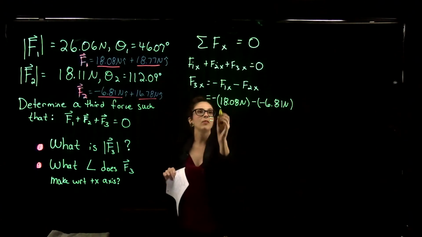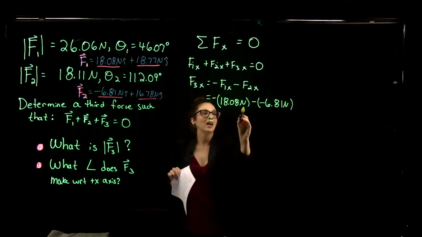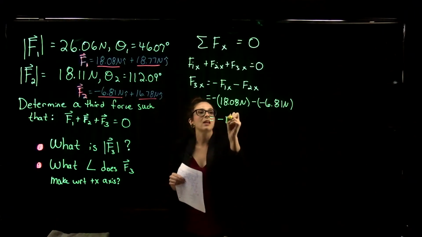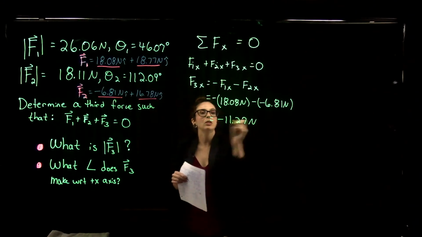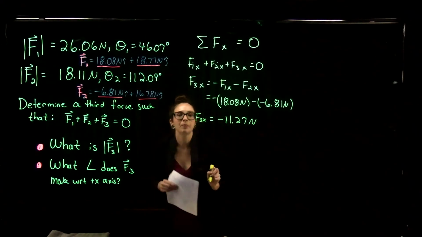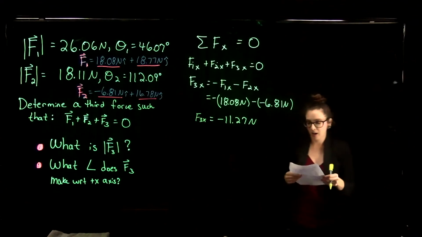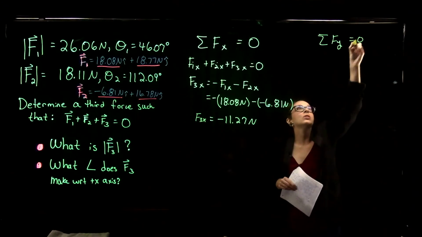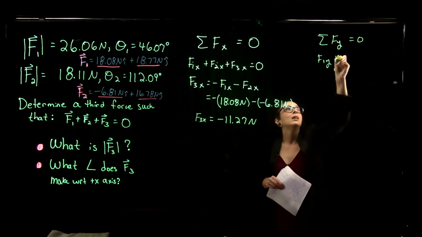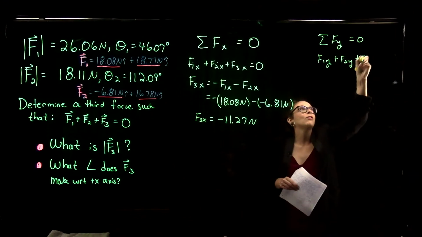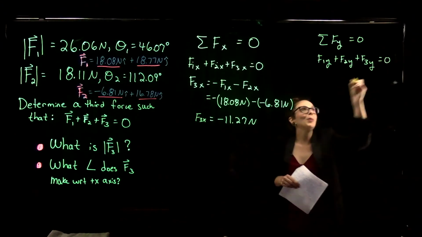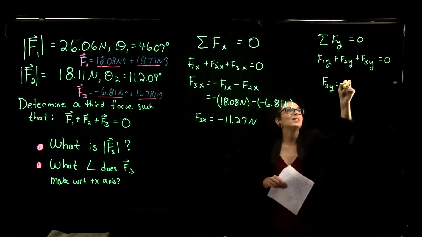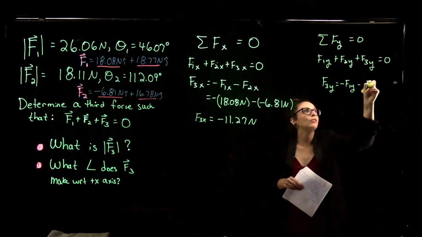Minus a negative number becomes positive, and this is minus 11.27 newtons for F3x, okay? Now for the y component, we do the same thing. The sum of the forces in the y direction equals 0, so F1y plus F2y plus F3y equals 0. So we solve for F3y. F3y is equal to minus F1y minus F2y.